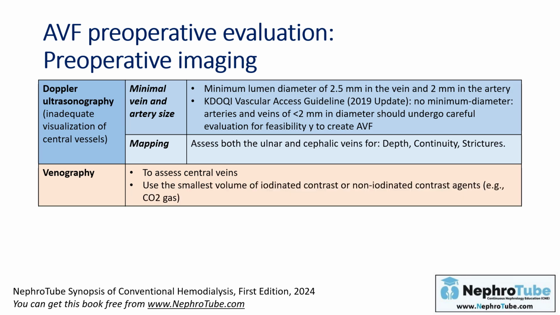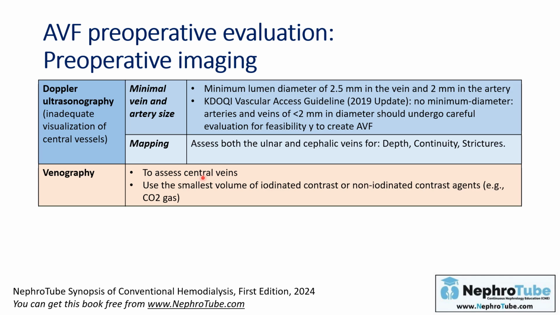One important point here: if you suspect that your patient has central venous stenosis and you need to do venography, then you will use contrast. And this patient is CKD stage 4, maybe stage 3, and the patient didn't reach hemodialysis yet.